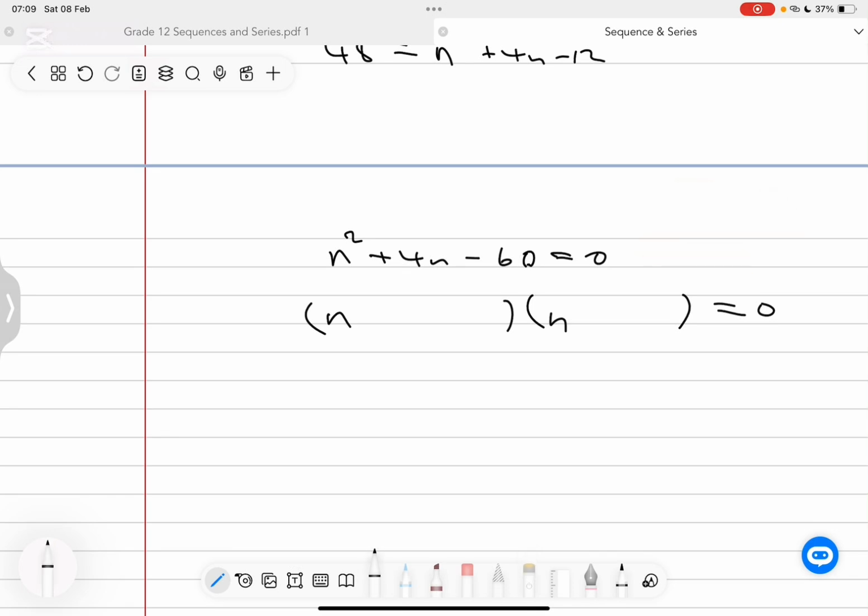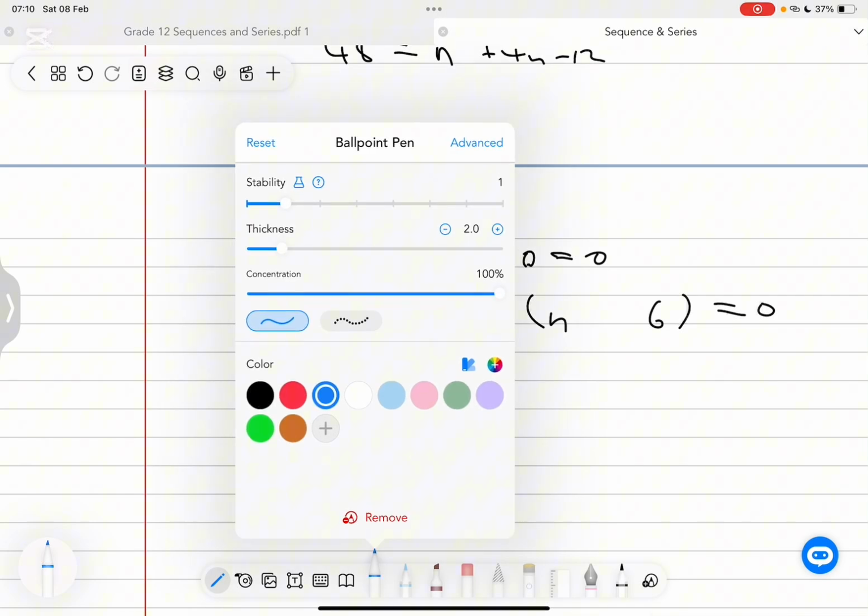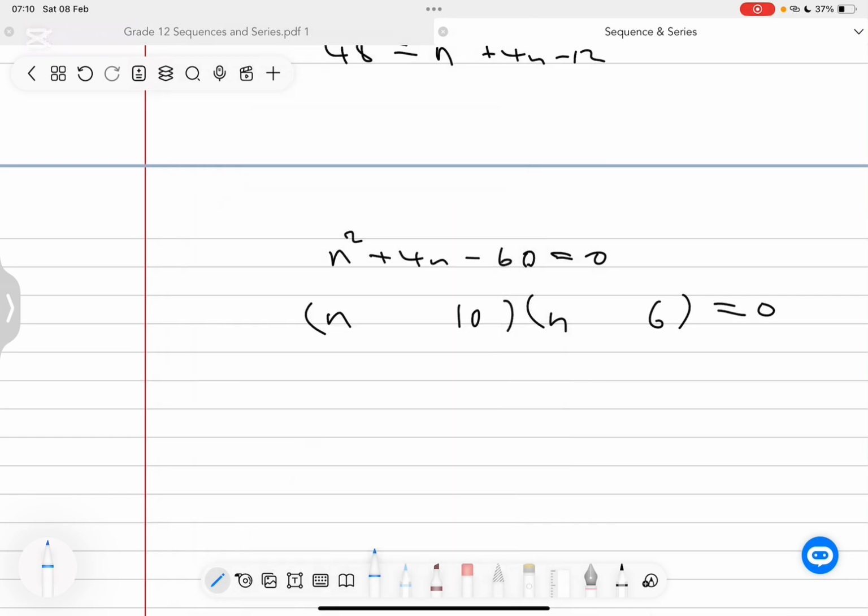So I'm going to try those ones. Maybe let me write this down on the side. The factors we're dealing with are a 10 and a 6, right? If we add these two, we get a 16.